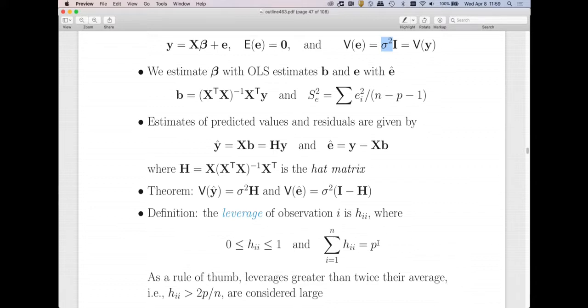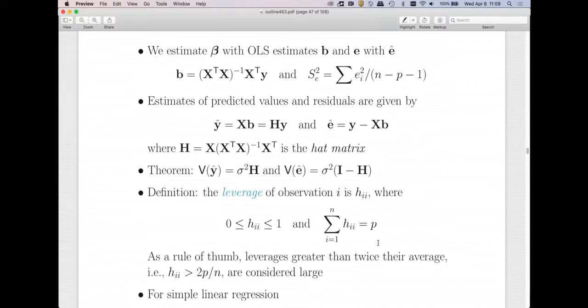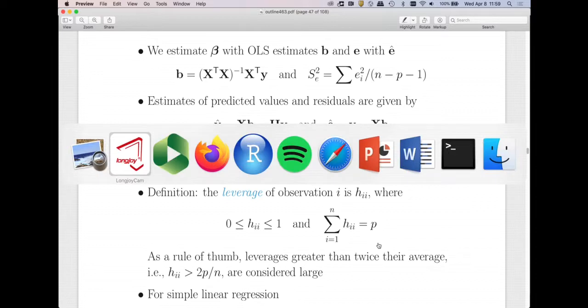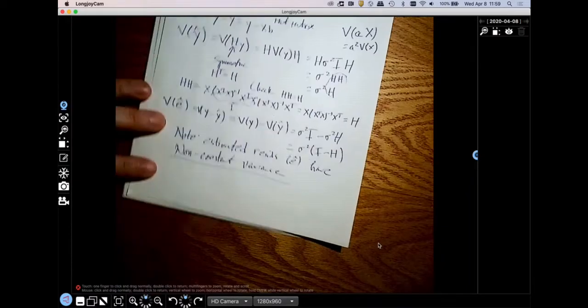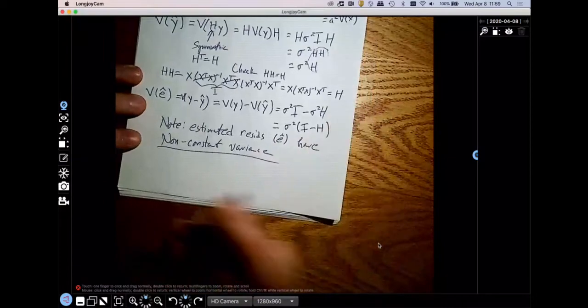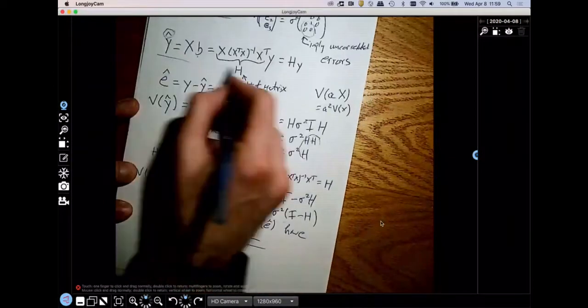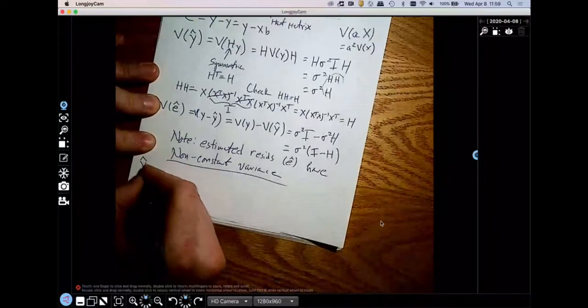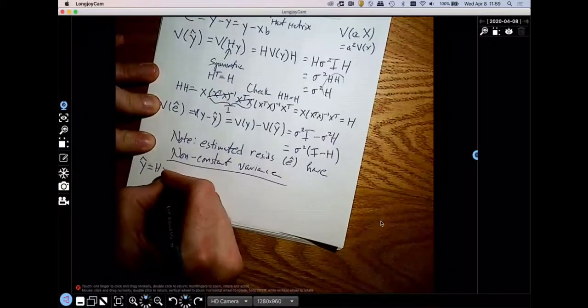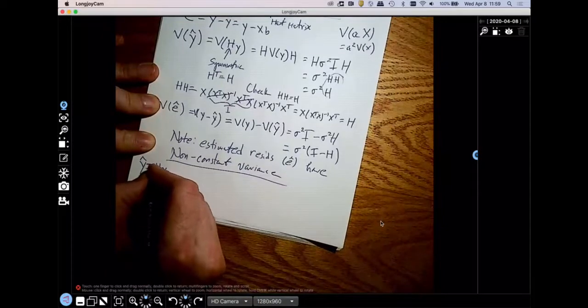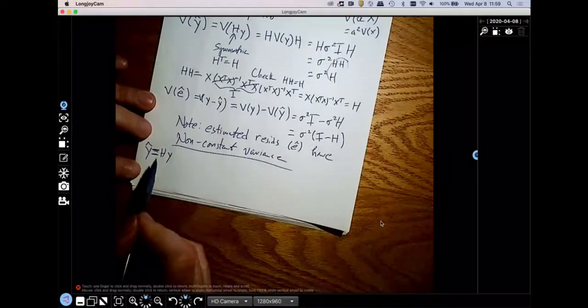So I want to start by giving us a little bit of intuition, mathematical intuition, behind why we care about these diagonal entries. So let's go back to my document camera for a second. And I want to refresh your memory that, well, this result that we had up here. So y hat is just H times y. That's an equal sign. I didn't mean to put a dot above it.